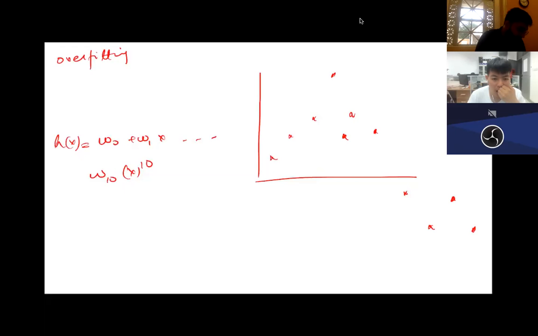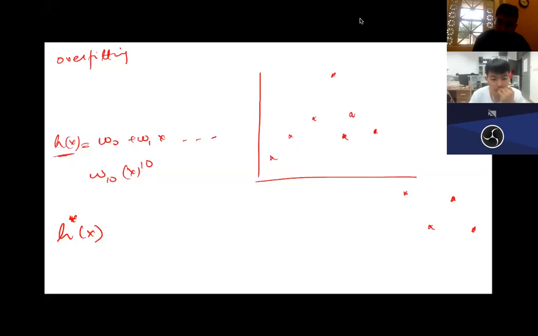The optimum h of x that I get, let me call it h star. H star is the best hypothesis function. How would that look? Remember, we saw that if you have n data points and you take n independent bases, you can learn them exactly. That's what we discussed in the earlier part of the lecture today.